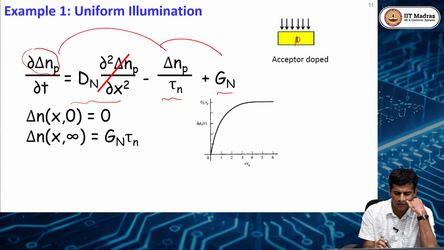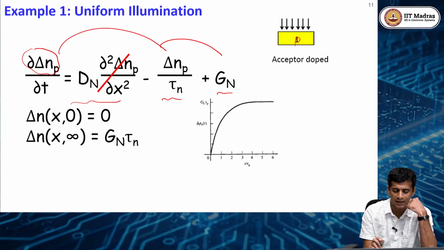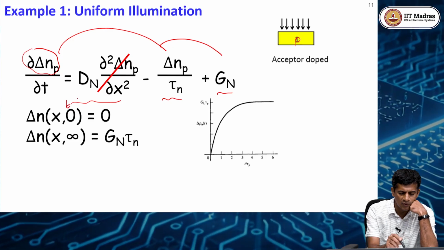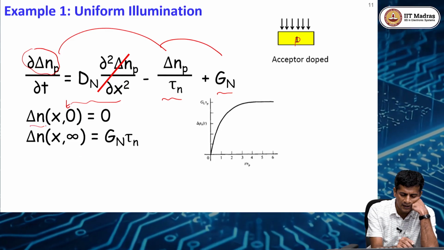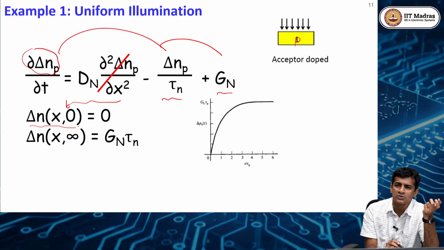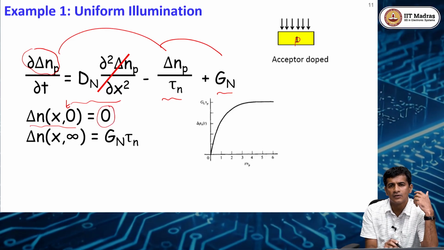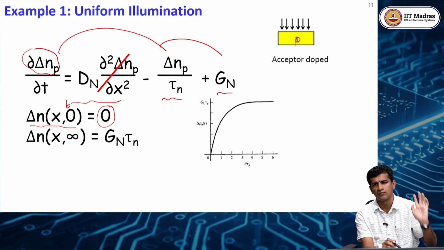For example, if you are turning on the light, this is the variable t. We are trying to solve for both x as well as t. At t equal to 0, there were no excess electrons, that was equal to 0. But if you wait for a long time, what happens?